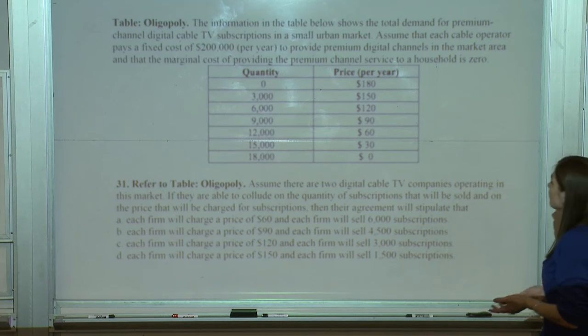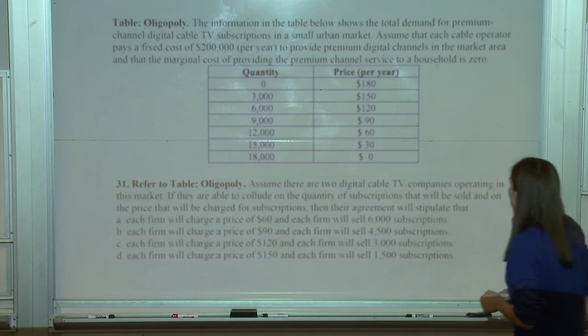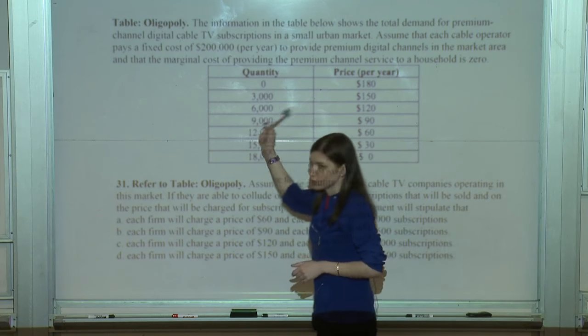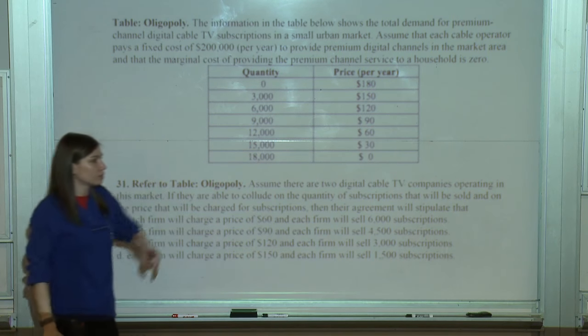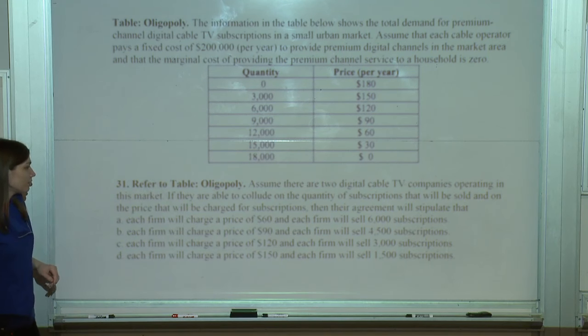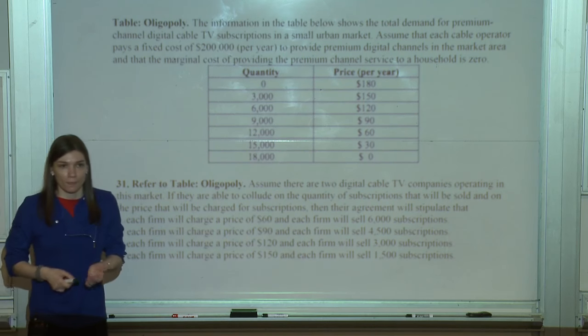Okay, so we have only fixed costs of 200,000 per firm, and this is the price and quantity of the demand curve. Assume there's 2 companies in this market. If they're able to collude on the quantity of subscriptions that will be sold and the price that will be charged, then their agreement would stipulate that.